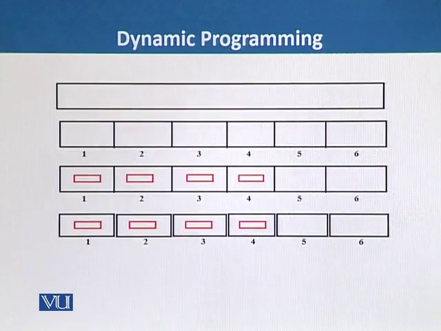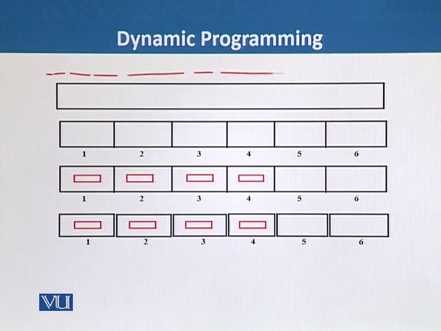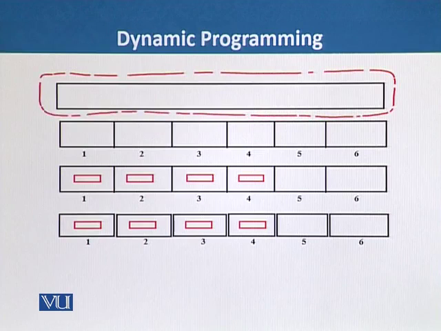Here we can see the graphic representation of a biological problem that will be solved by using dynamic programming. For example, we assume that this block is a problem and we have to find its solution.